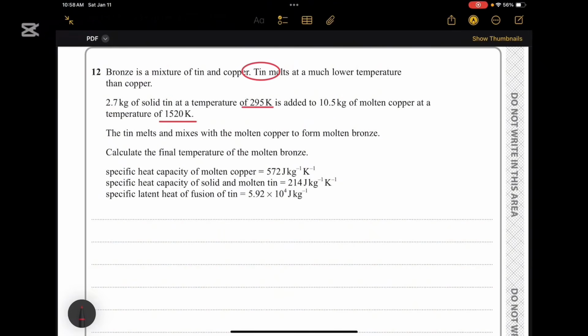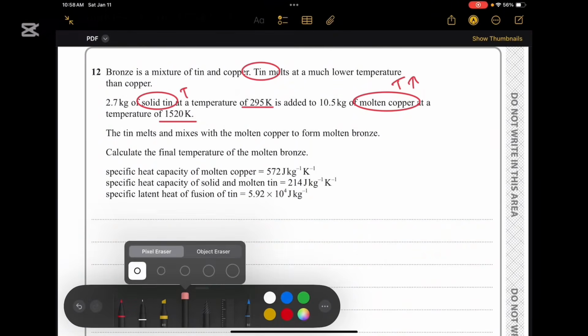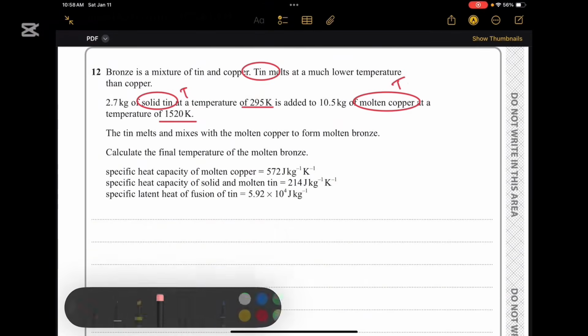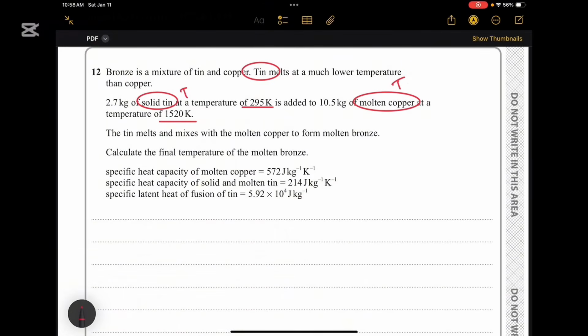Okay, so basically what is happening is that the temperature of molten copper is much higher than the temperature of solid tin. So what will happen right here is when you mix something cooler with something much hotter, its temperature increases, right?